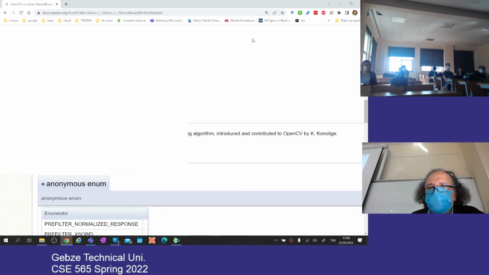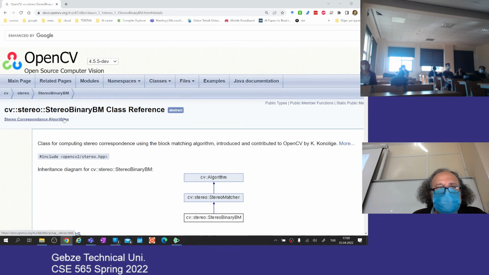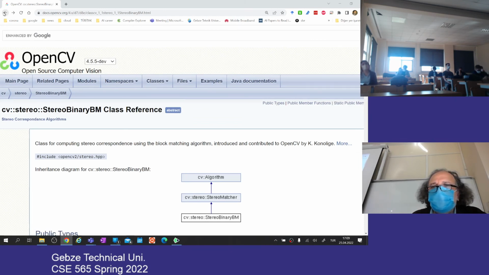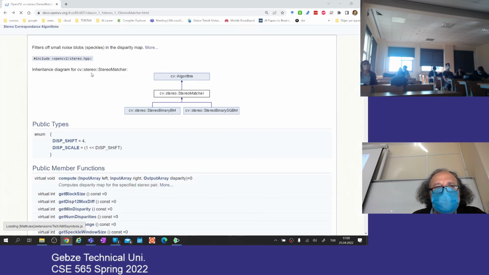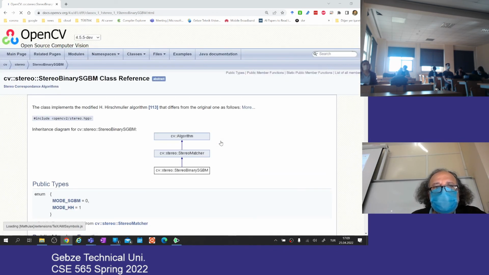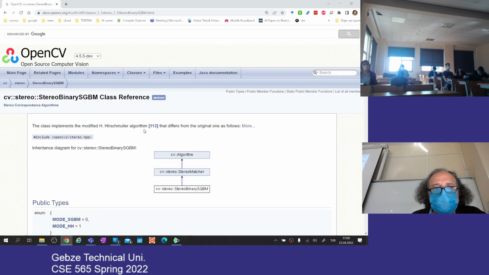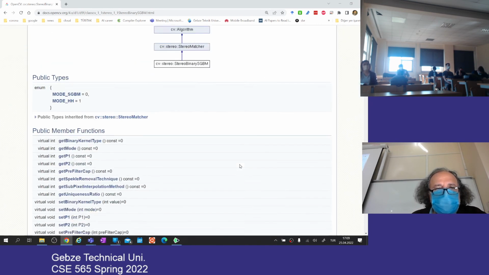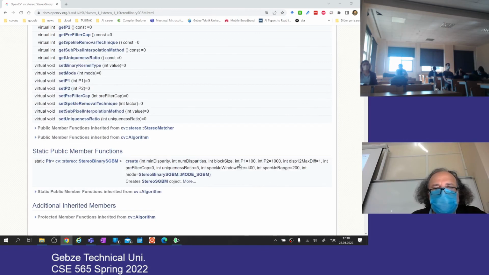No. So this is not, I don't remember this one. It looks like this is not using window matching. How about this binary SGBM? Okay, so I have a SGBM.